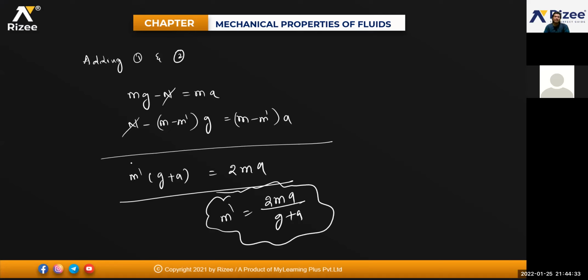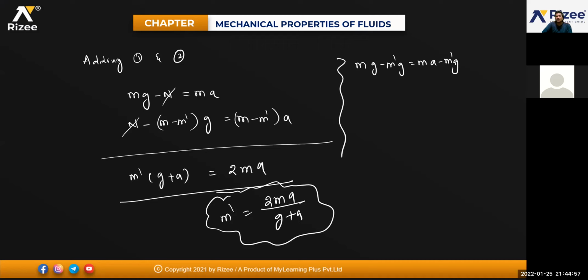Taking all the m dash on one side and simplifying: m into g minus m dash into g is equal to m into a minus m dash into a, and this minus and this minus give 2 times.